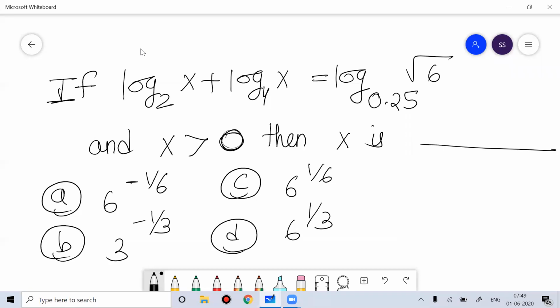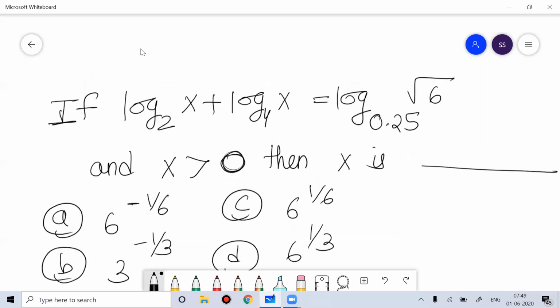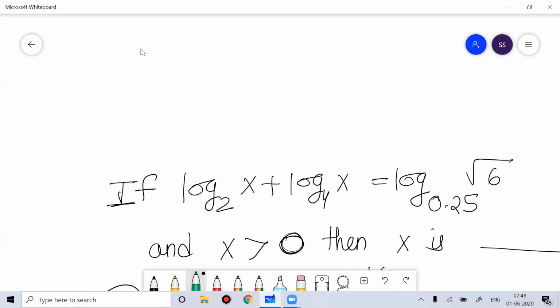Okay, so how to solve this question? Not at all a difficult problem, guys. Very easy problem. You see this: log base 2 of x plus log base 4 of x. Base 4 is 2 squared, so that would be 1 by 2.